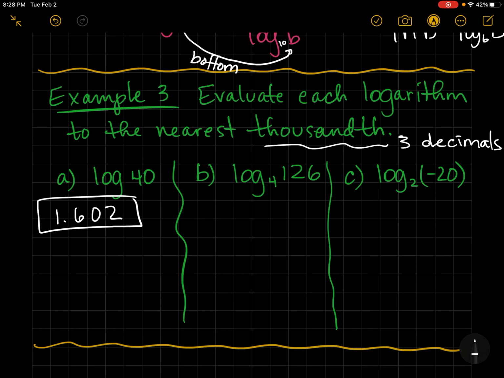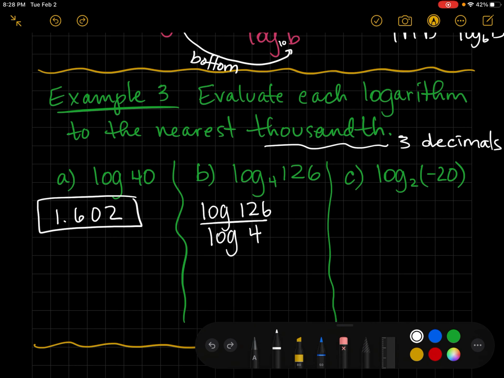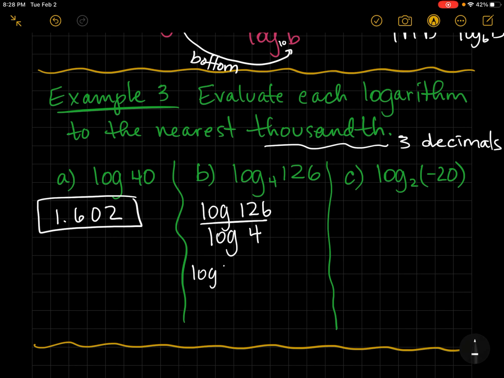Now for this one, my calculator doesn't have base 4, so I'm going to punch log of 126 over log 4. On my calculator, either use the fraction key or, when you punch it in, use parentheses just to make sure the order of operations doesn't get crazy. Most calculators are pretty smart though.